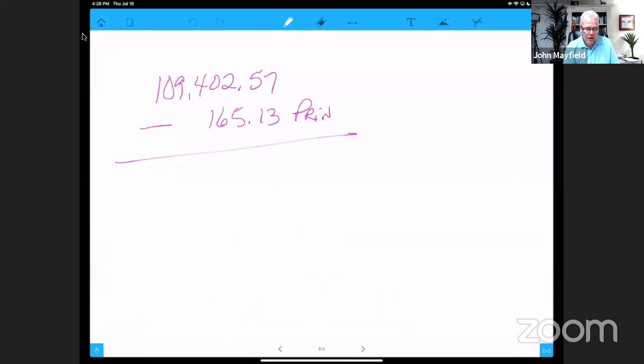So now we subtract. We take 109,402.57, and we subtract how much went to our principal payment, 165.13.